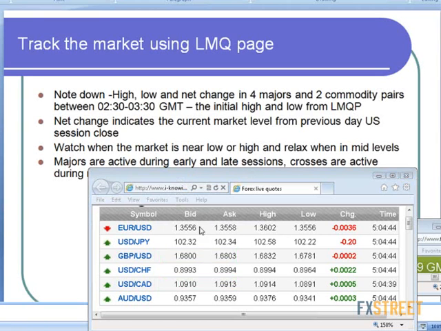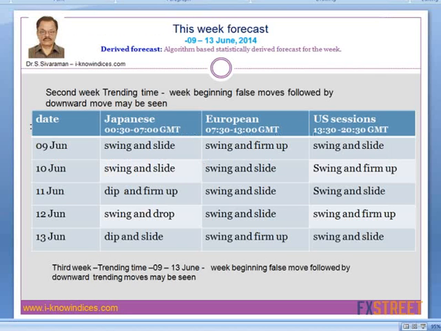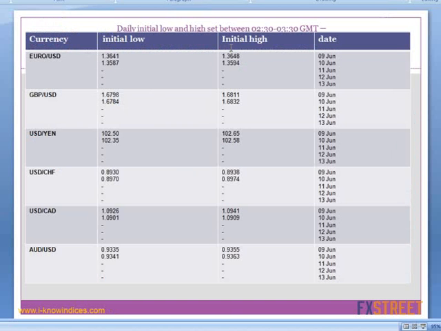Then what happens? We try to find out where exactly the market is, and also how many pips that correction or the firming up has happened. And in order to have a relative comparison, what we note are the lows and the highs they set around 3:30 GMT.